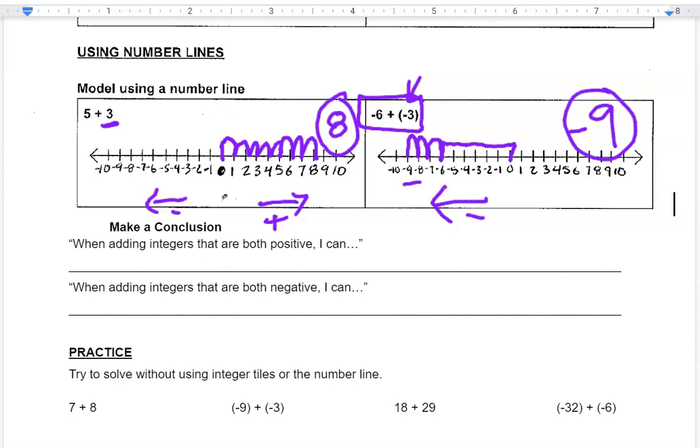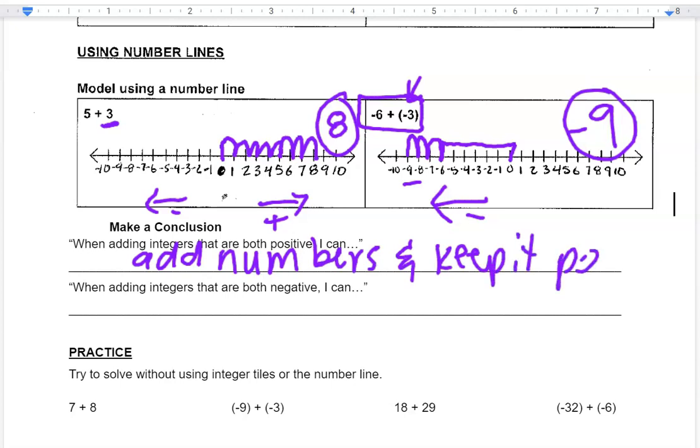So if you notice the pattern, we can make a conclusion that when adding integers that are both positive, we can add the numbers and keep it positive. So like here at 5 plus 3, we could add 5 and 3, we get 8, and we just keep it positive.